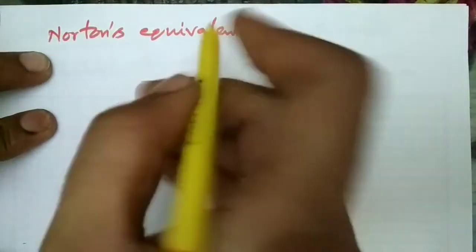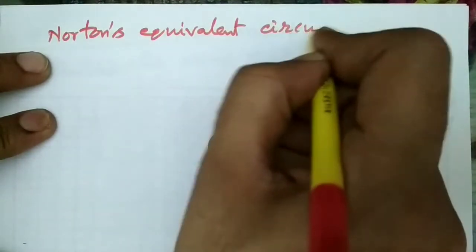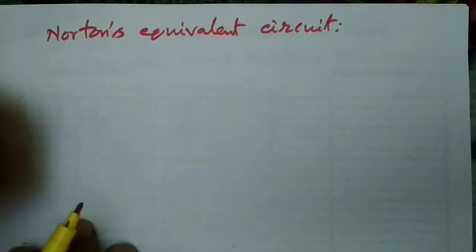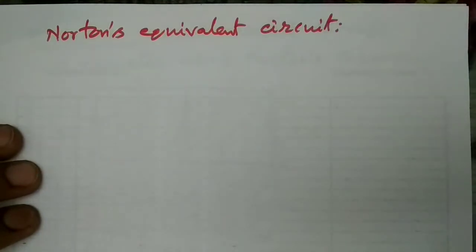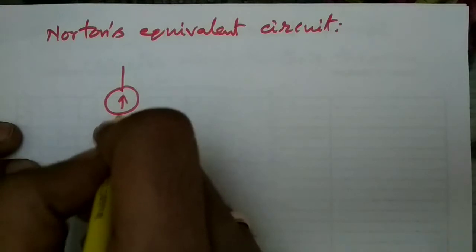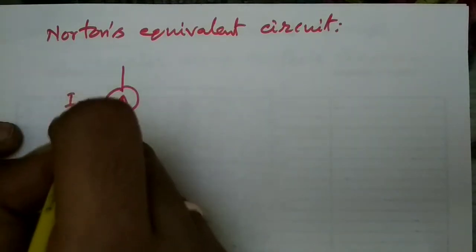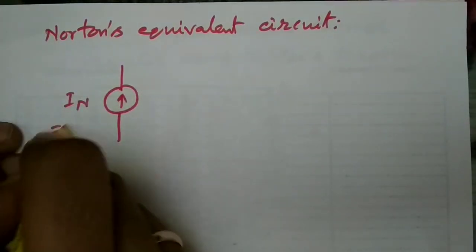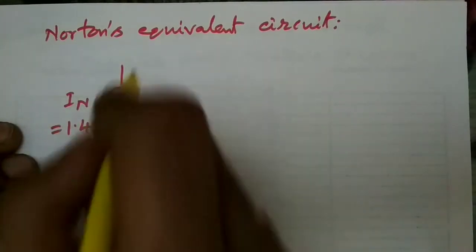So the Norton equivalent circuit is current source IN, the value we have calculated 1.4 ampere.